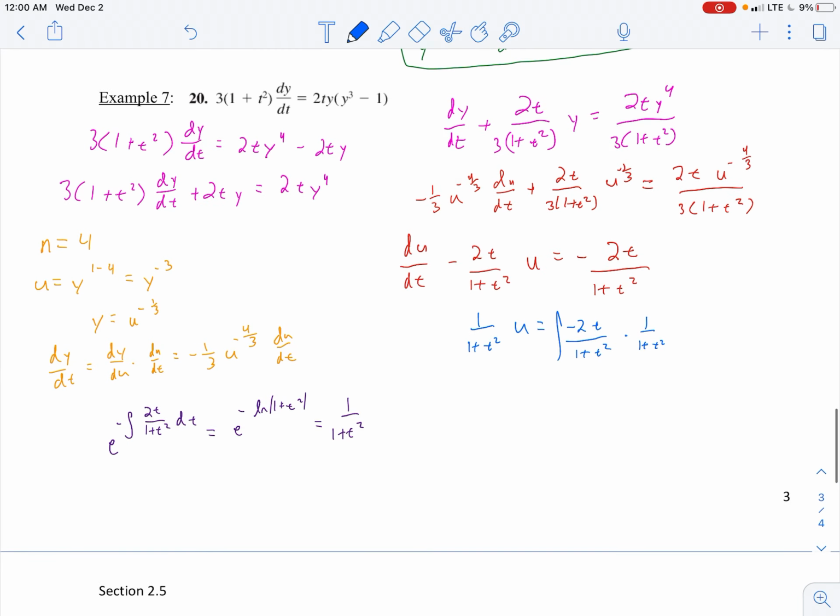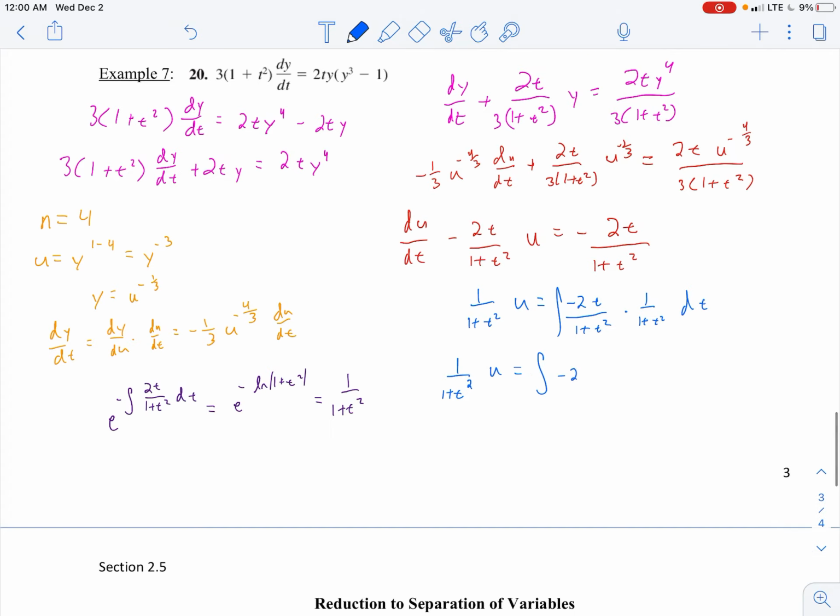And then I'm going to integrate that left-hand side. And so I'm going to have 1 over 1 plus t squared u is equal to the integral, let's just keep the negative there, negative 2t times 1 plus t squared to the negative 2 power dt.